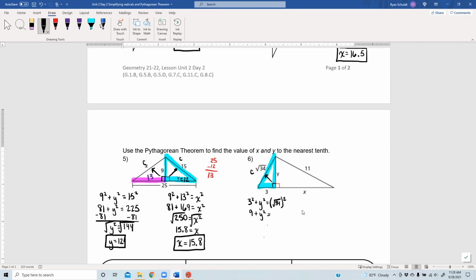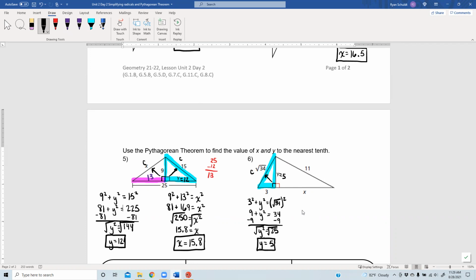Square root of 34 squared is just 34. Move the 9 over. You get y squared equals 25. Square root that, and you get y equals 5. There's our y.